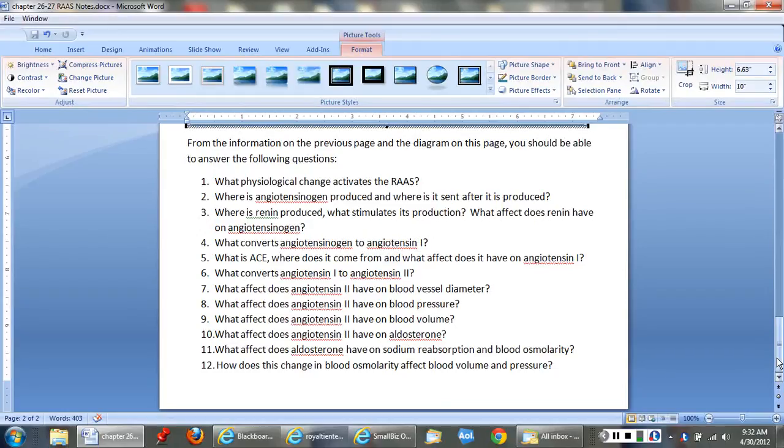What effect does angiotensin 2 have on blood pressure? Elevation, great. What effect does angiotensin 2 have on blood volume? Increase, good. What effect does angiotensin 2 have on aldosterone secretion? Increased. What effect does aldosterone have on sodium reabsorption and blood osmolarity?